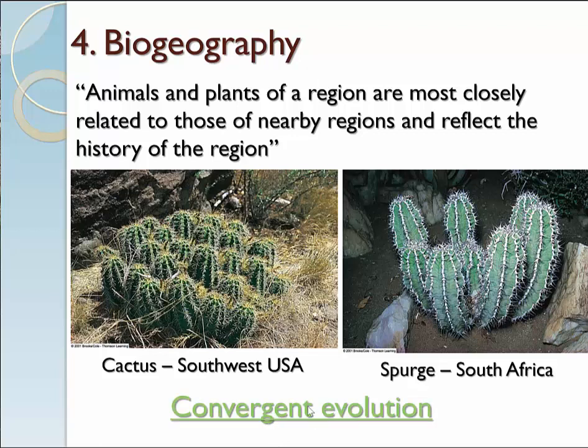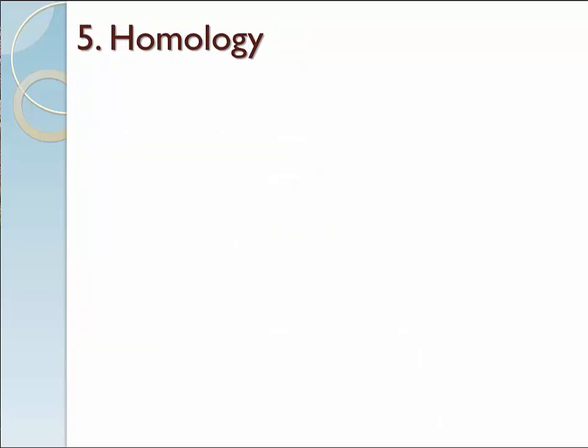If you go to the PowerPoint and click here, you'll find more examples of convergent evolution. One other example is dolphins and sharks. They live in similar environments in the ocean, and they have taken on similar body shapes. So that's one more example of how the environment can shape body plans.